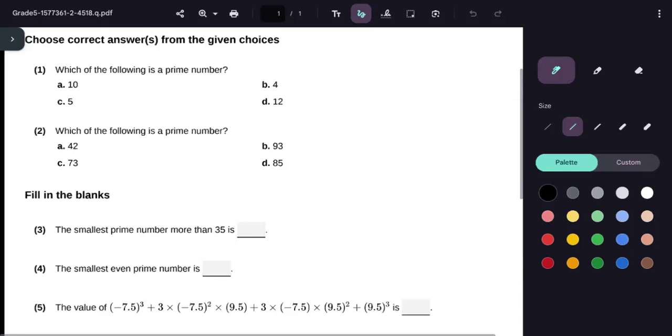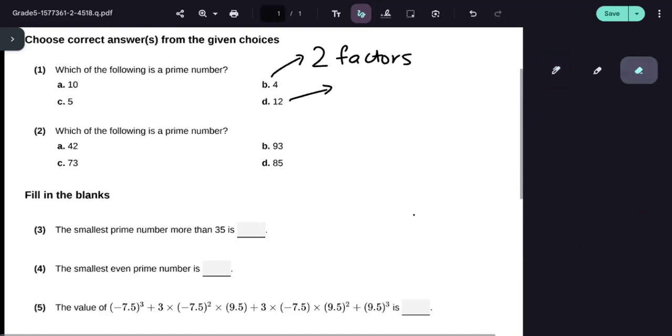Firstly, remove your composite numbers. Meaning to say, this one has 2 factors, right? 12 has how many factors? 12 also has 2 factors, right?